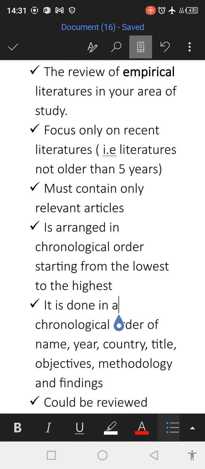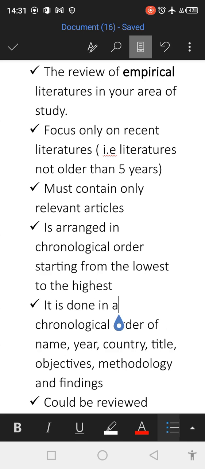Then the second one is that your empirical review must focus on recent literatures. Literatures not older than 5 years. Now, for instance, we are in 2024, and you want to conduct a research in your area of interest, and you want to do your empirical review.